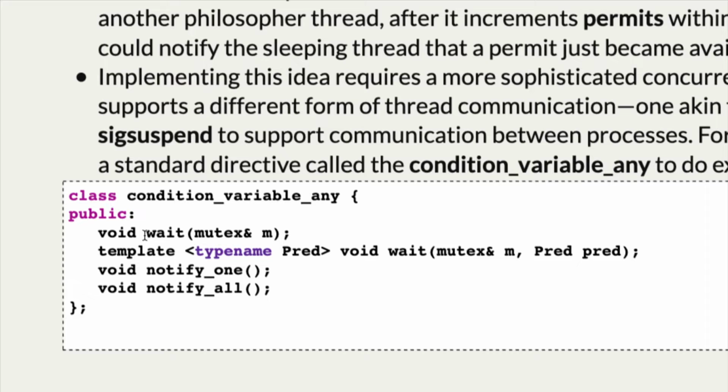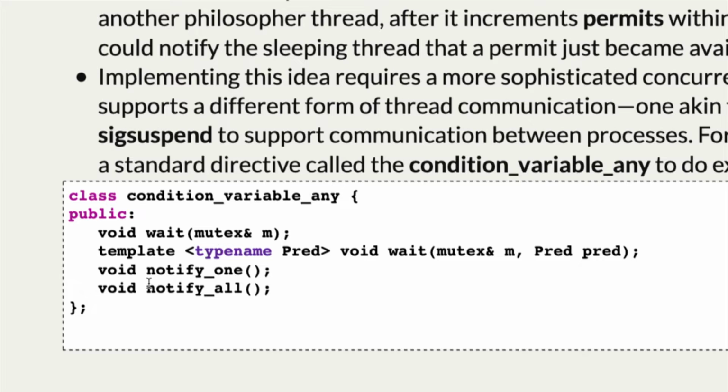What it does is it puts the thread to sleep, and then unlocks the lock until some other thread basically signals. In fact, there's two notify commands here. The other threads notify the wait condition to wake up. Okay, so that's what's happening here.